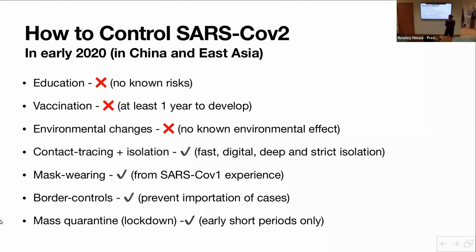And then they had very extensive contact tracing, and contact tracing with isolation. They did it very quickly and very deeply. They really found all the contacts, and then they often found the contacts of the contacts. They used digital means from the beginning.